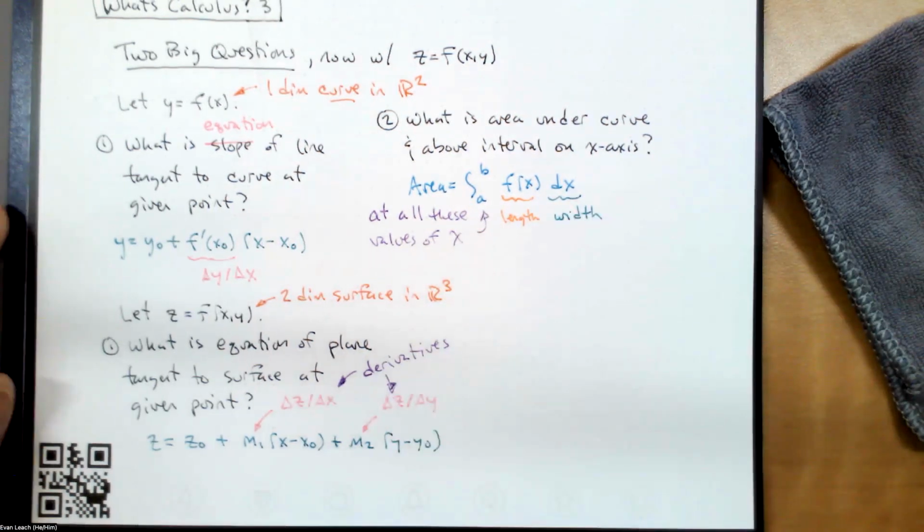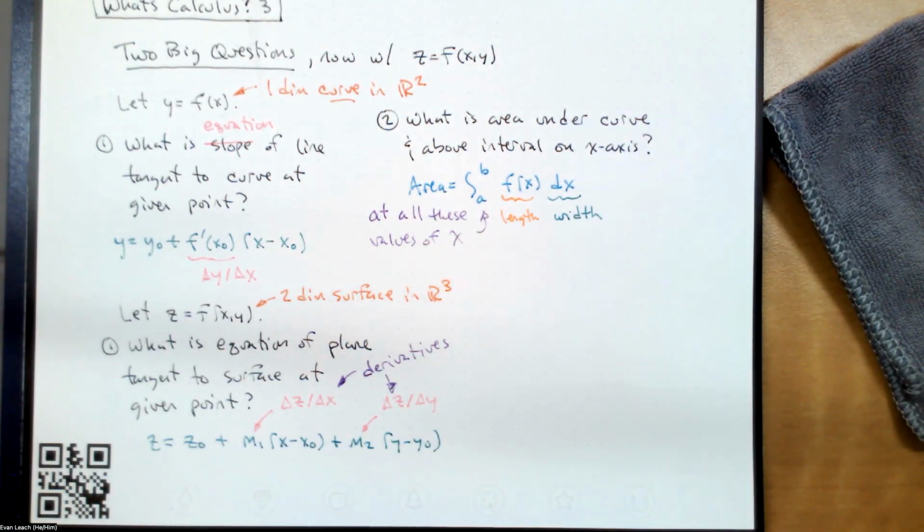That's what the integral part is telling us. Calculate f of x dx, area, length times width, at all those values of x, then add the results.